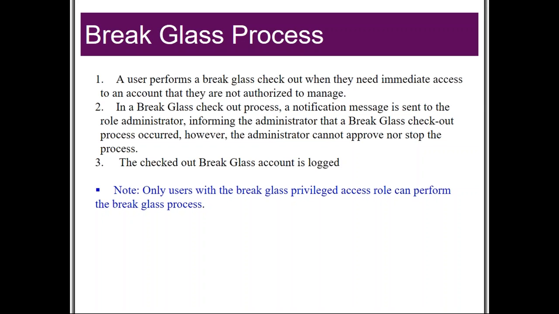Basically, it's just letting them know that we've initiated the break glass process. And then one of the most important things is that the checked out break glass account is going to be logged. And as I have here as a note, only a user with the break glass privileged access role can perform the break glass process. So that's kind of what it would look like in a real life situation.